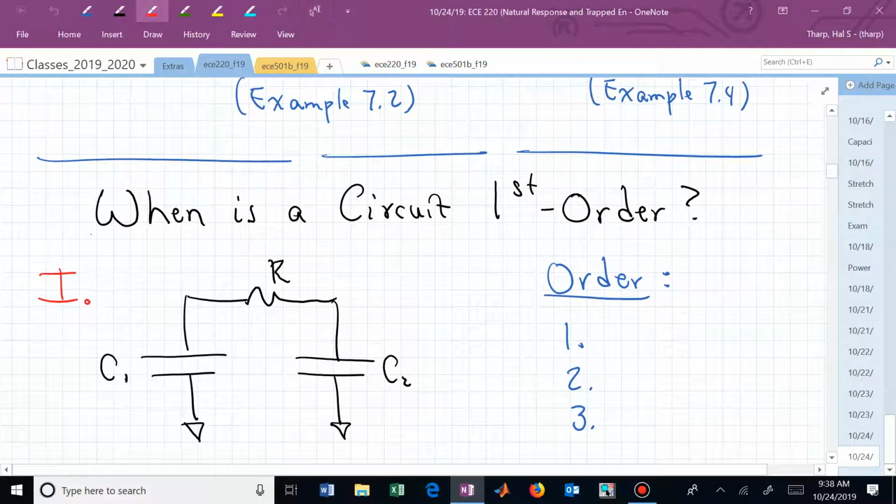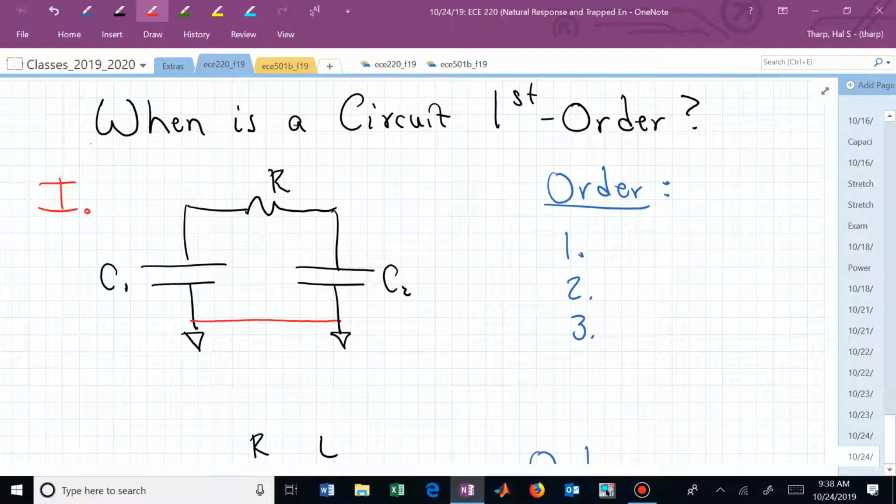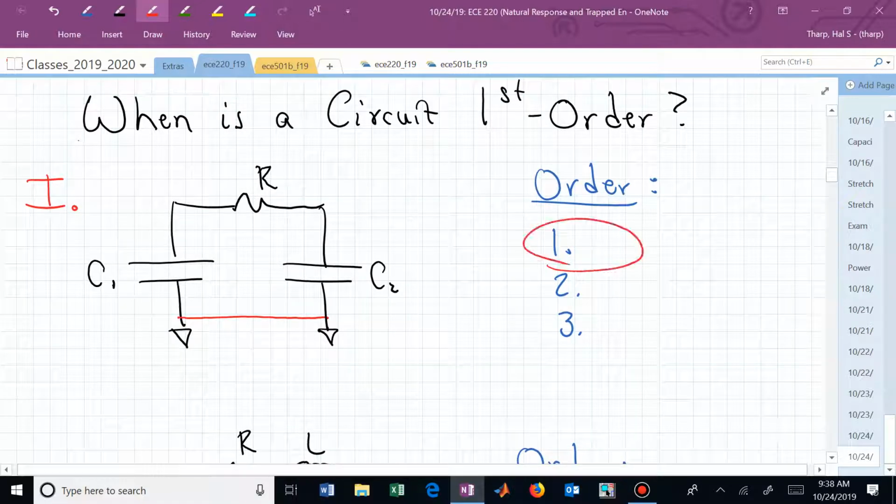But I tried to hint earlier: if you connect those together, that's a common node. Now you have 2 capacitors that are an equivalent single capacitor. Those 2 capacitors are in series, so in fact, the order here is 1.